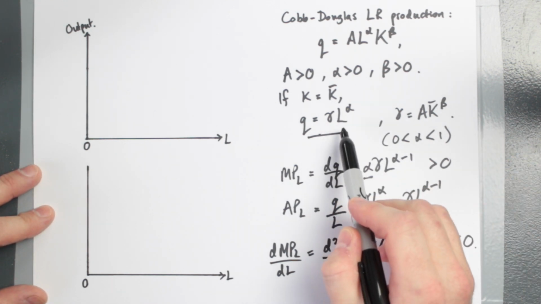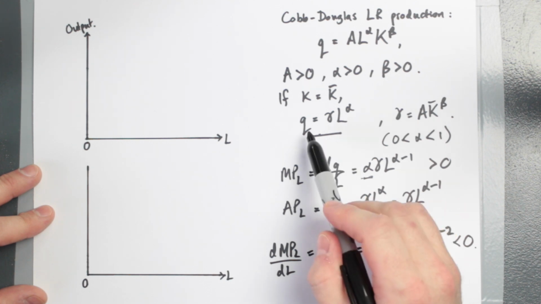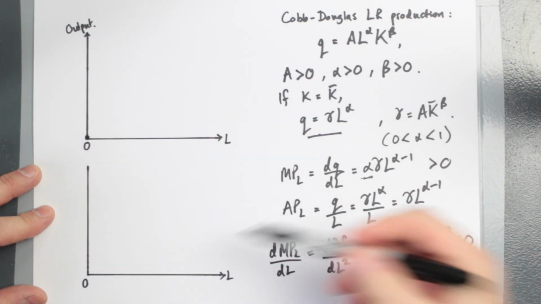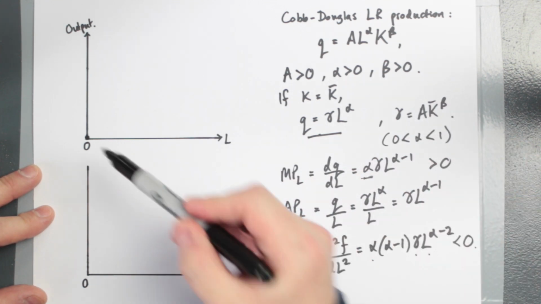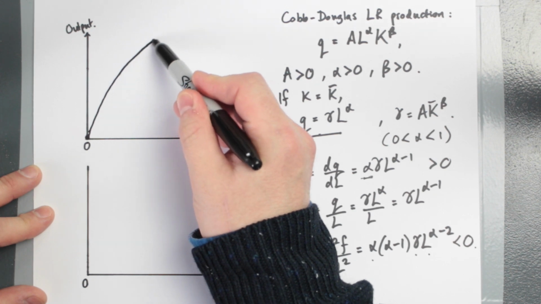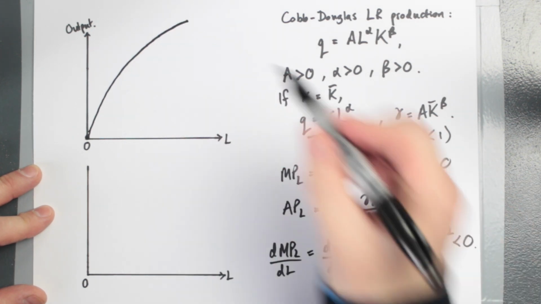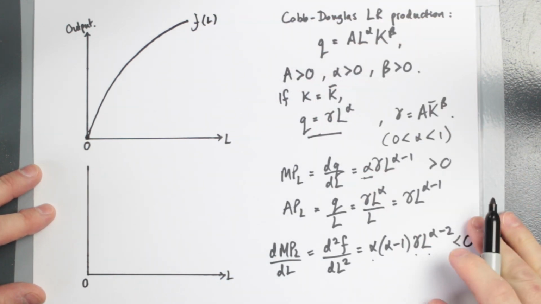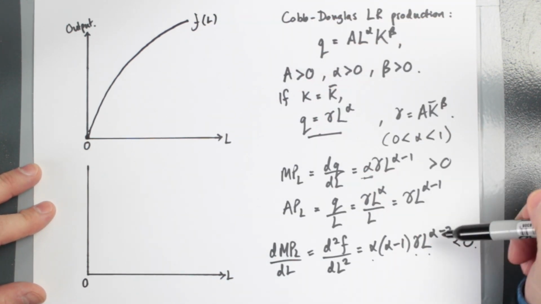We know that if L is 0, then Q is 0. So we've gleaned enough facts to draw a reasonable diagram. It starts at 0, it's increasing, but it's concave. So something like that would be our short-run production function. What about the marginal product?